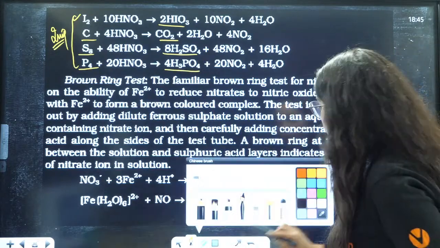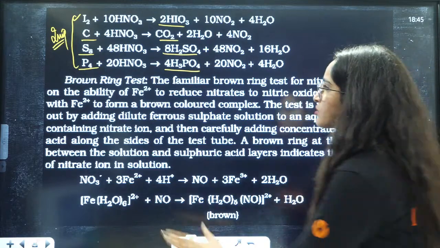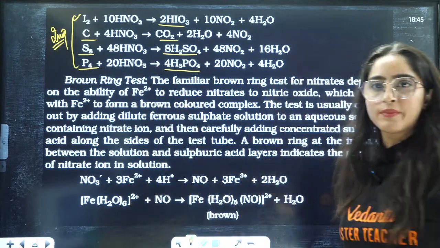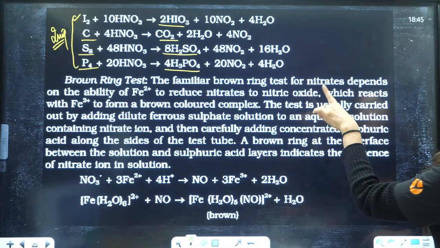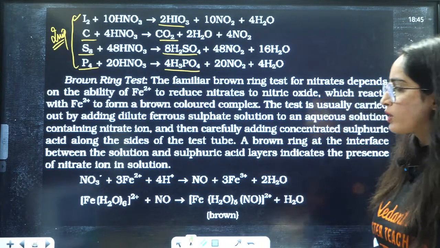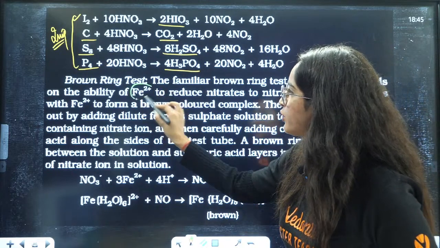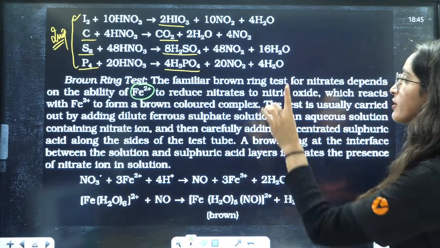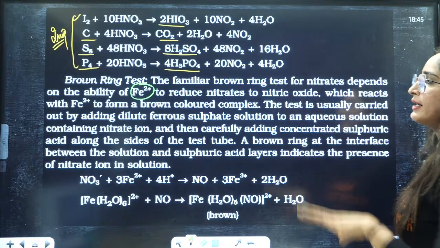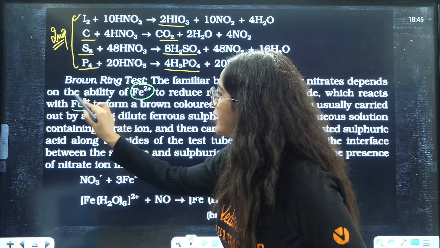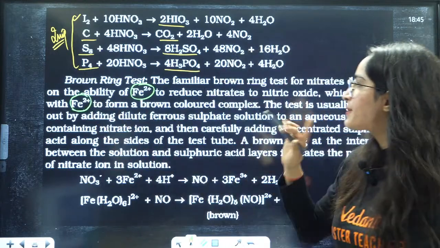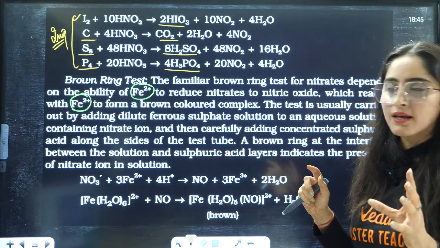Next is the brown ring test. This is also part of your practical chemistry, right? So let us go through this. The familiar brown ring test for nitrates depends on the ability of Fe2+ to reduce nitrates to nitric oxide, which reacts with Fe2+ to form a brown colored complex.